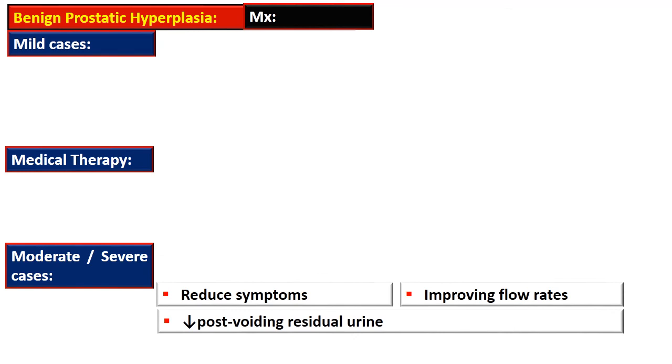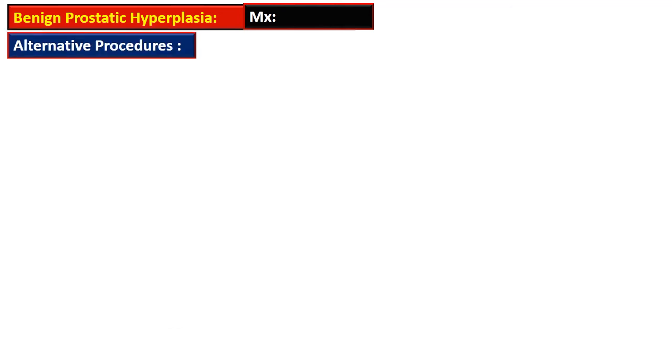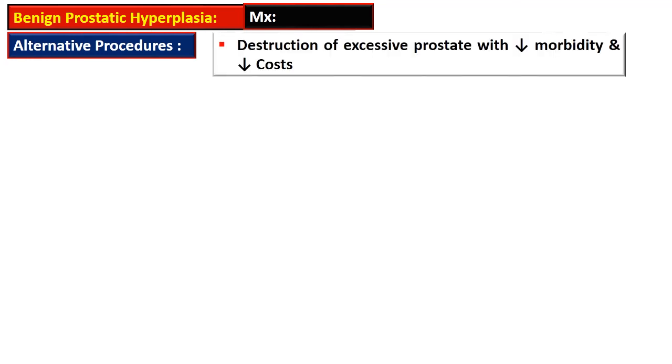In moderate and severe cases, resection, that is transurethral resection of the prostate, is advised, and it reduces symptoms, improves flow rate, and also decreases post-voiding residual urine. This is the first line of therapy in recurrent retention. Several other techniques have been introduced that decrease the amount of excessive prostate with decreased morbidity and low costs.